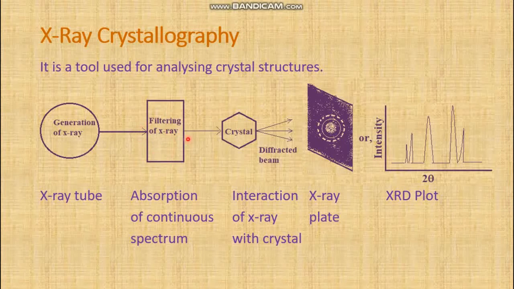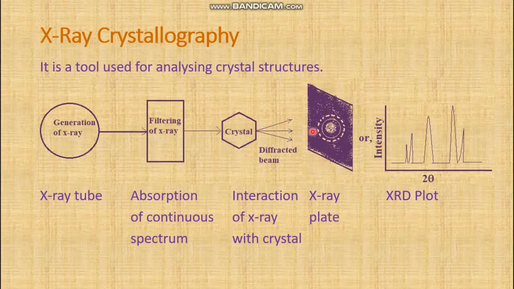So this X-ray is filtered in the second step, and the monochromatic X-ray is obtained after filtering. This monochromatic X-ray is then allowed to pass through the crystal. After interaction, diffraction takes place. We will discuss the geometry of diffraction in the next slide.